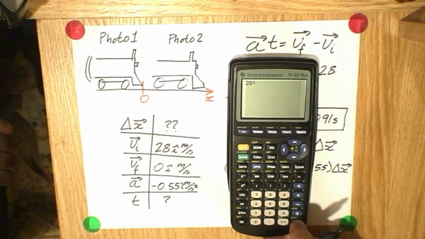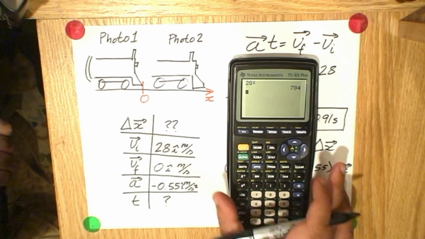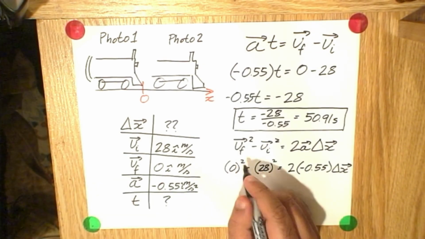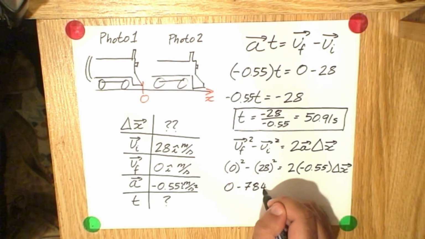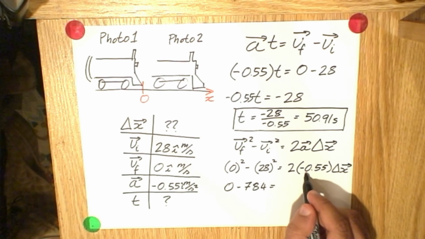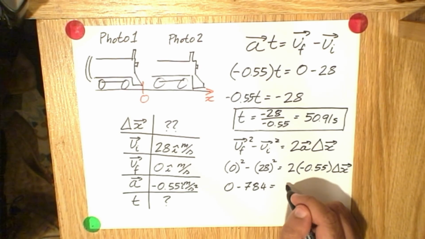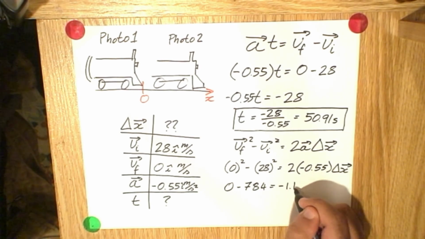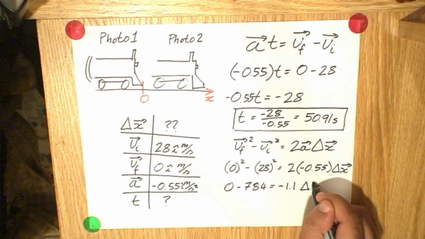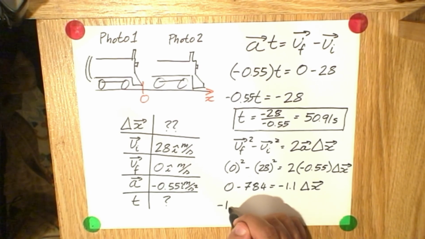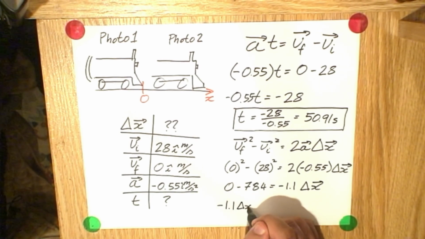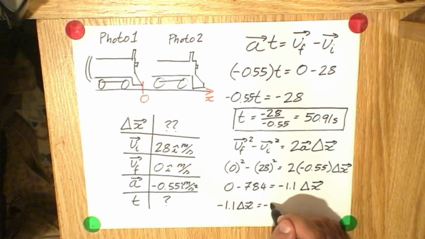28 squared is 784. So 0 minus 784 equals 2 times negative 0.55, which is negative 1.1. So rearranging this a little bit, we now have negative 1.1 times delta x is equal to negative 784.